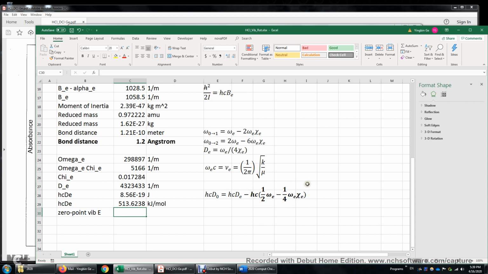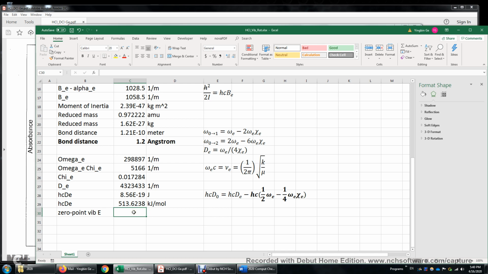We learned that for a harmonic oscillator, the vibration energy is just h nu, h times the frequency, or h c omega, the Planck constant times the speed of light times the wave number, divided by 2. And if it's an anharmonic oscillator, we need to take this anharmonic correction into account.